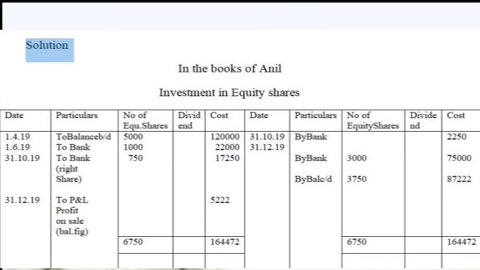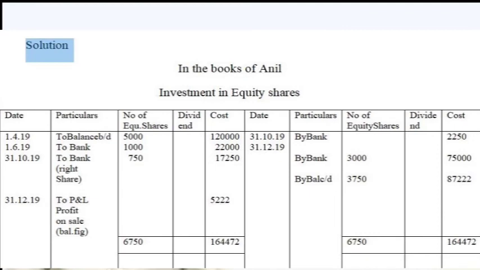On the equity share column, we had 5,000 plus 1,000 plus 750, total 6,750 on the debit column, and from it we sold 3,000 equity shares. 6,750 minus this 3,000, that comes to 3,750. So balance carried down. Number of equity shares 3,750.